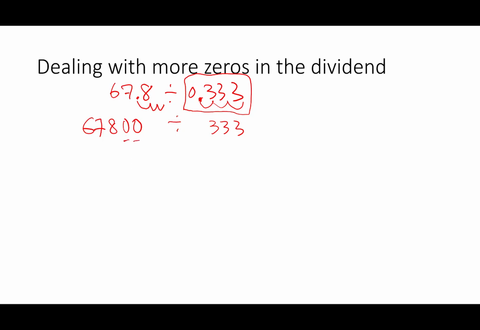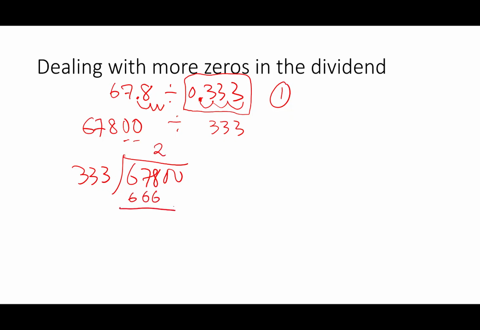So then the whole problem becomes 67800 divided by 333, okay. So we look at 678 here, right? We get 2, and that will give us 666, and then we subtract. What do we have? We have 12, okay.